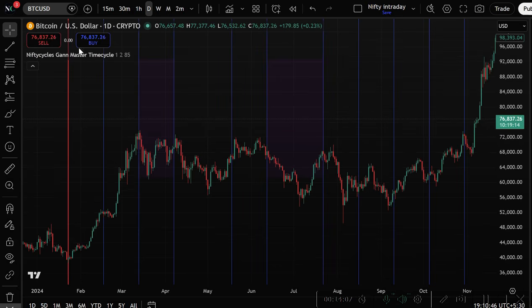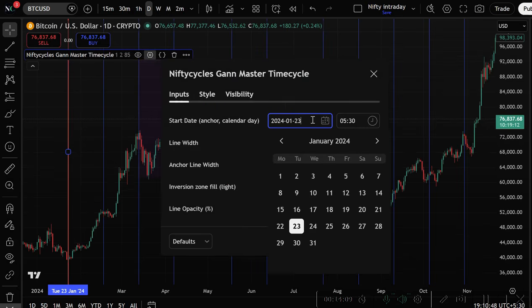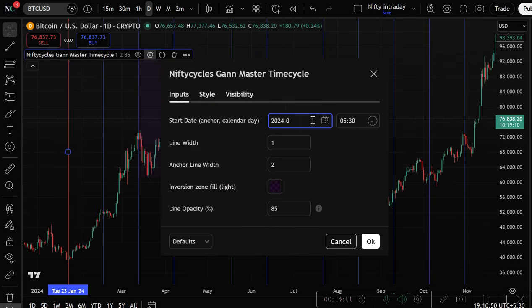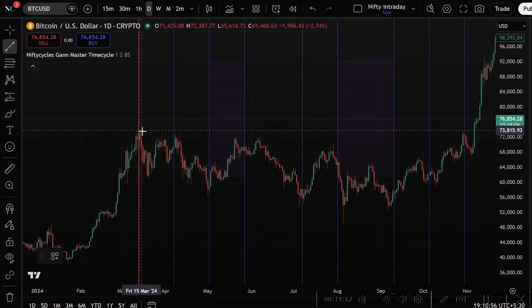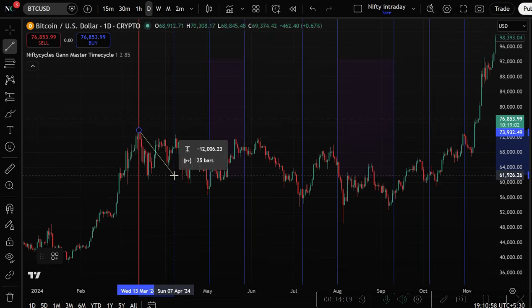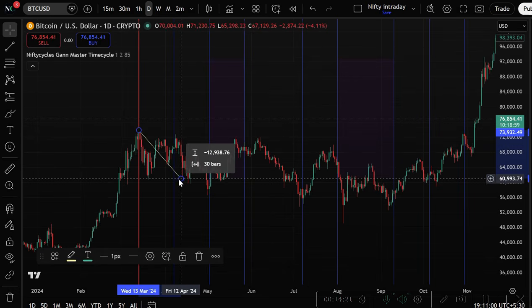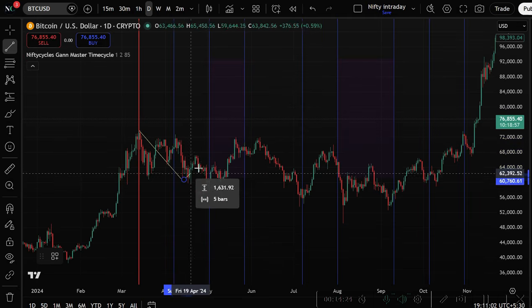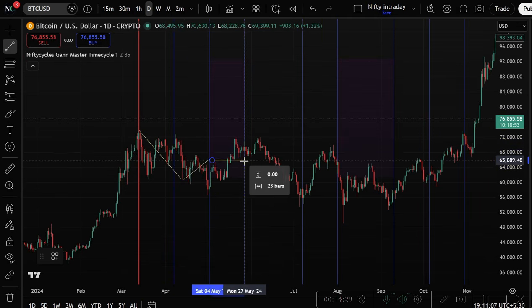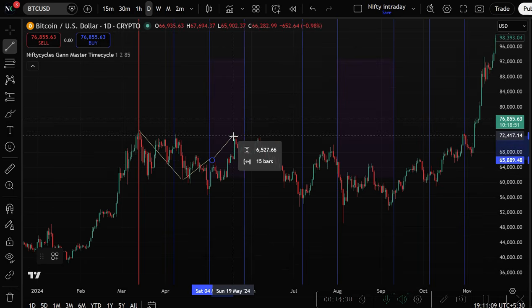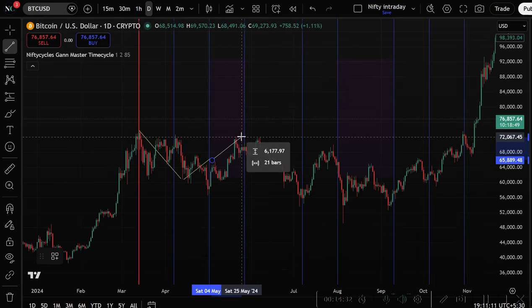Okay. So let's start from this high, 13th of March 2024. Okay. So this is a high to a low. This is a sideways chop, right? So this is a high. Maybe high to a high.